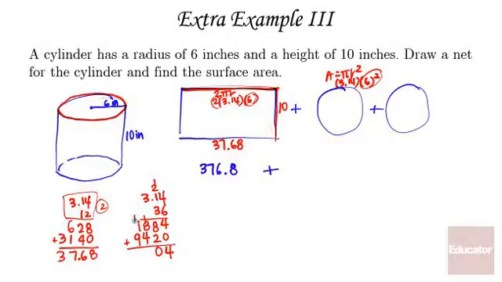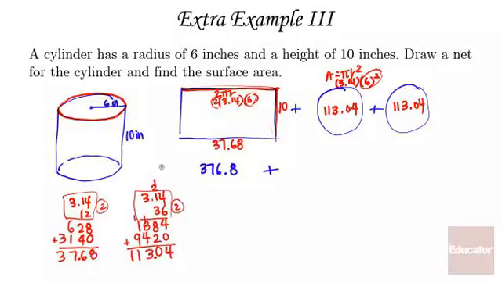This is 12, 13, 9, 10, 11. Okay, 2 numbers behind decimal points. So it's going to go right there. So the area of this circle is 113.04. This is the same circle, same area. So this is 113.04 also.